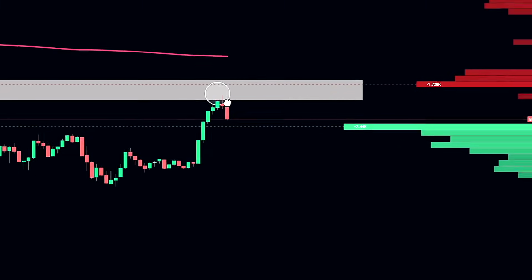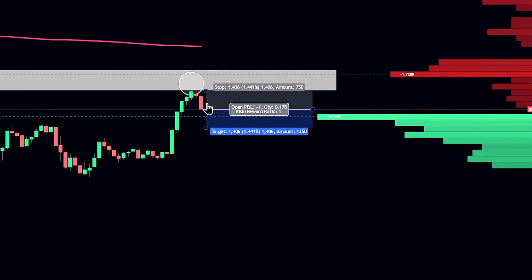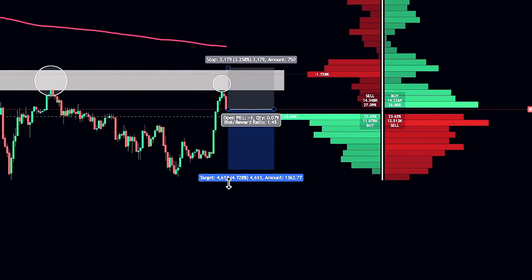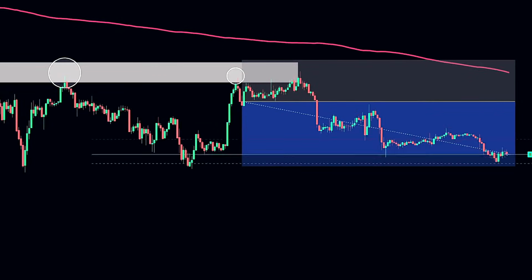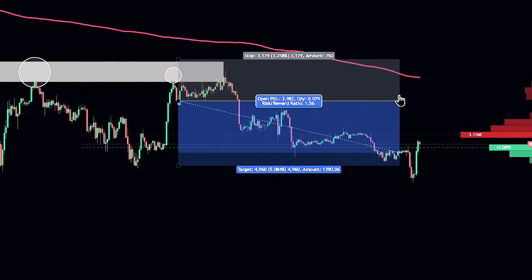We get a clean rejection and a solid engulfing candle, so we enter a short trade. The stop loss goes above the level, the take profit is set at 1.5 times your risk, and we'll let the trade run. Even though it takes some time on the 1 hour time frame, the trade eventually becomes profitable.